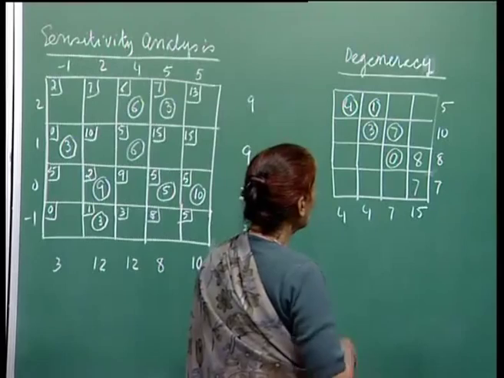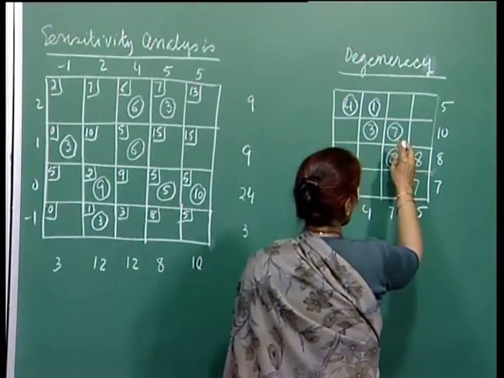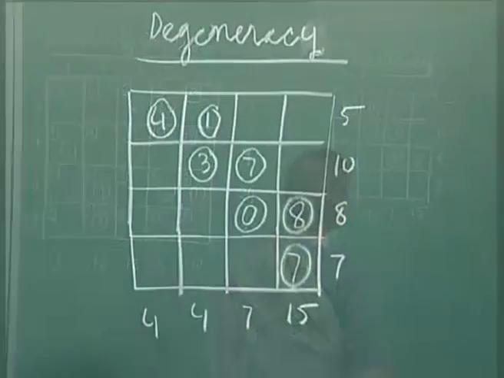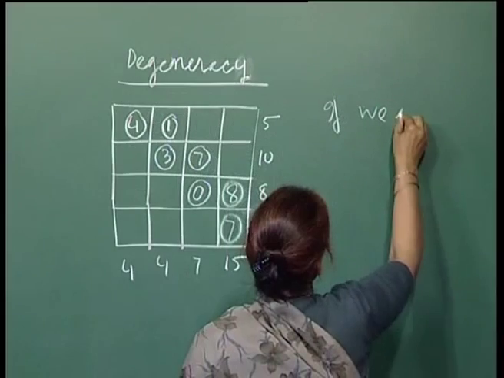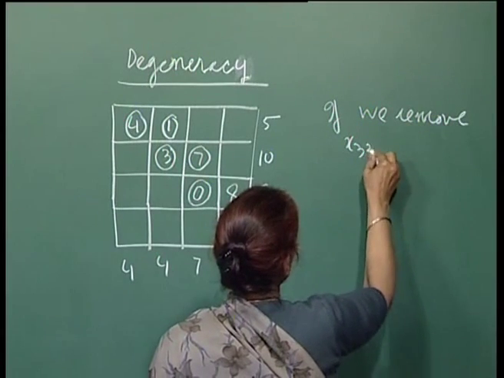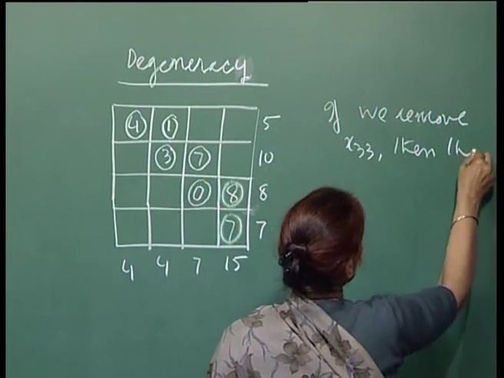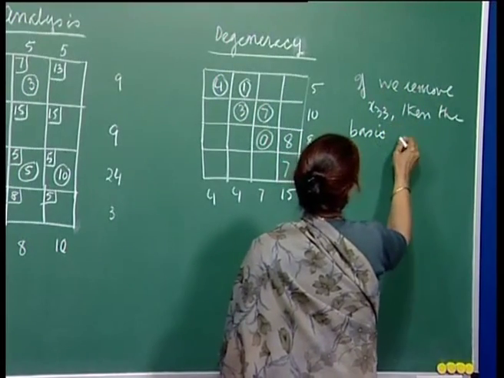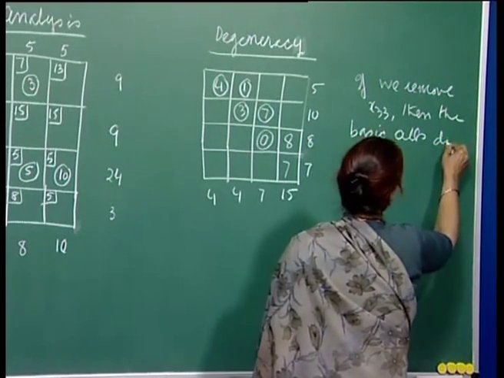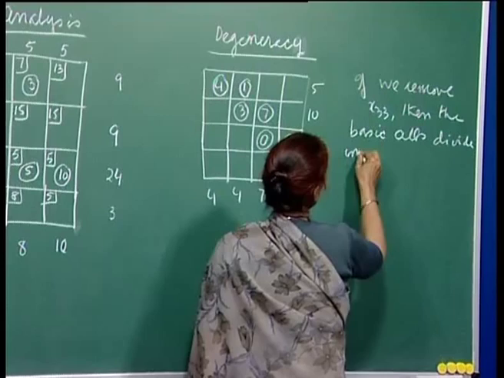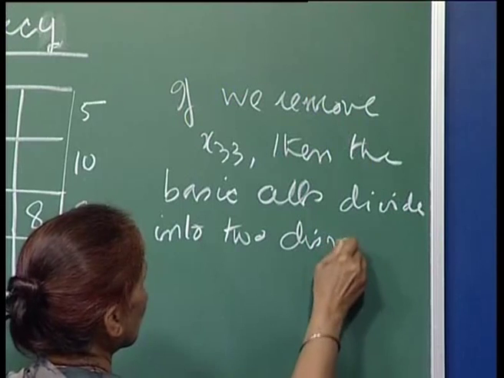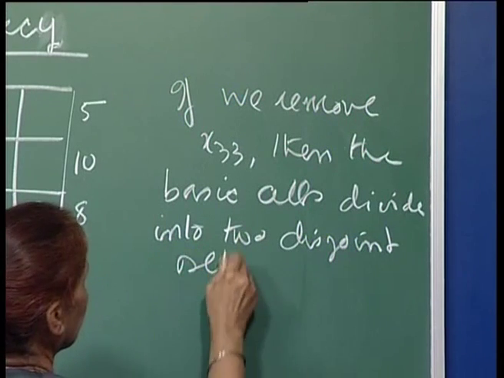So what we are saying is that this is degenerate, the value of the basic variable here is 0, and if we remove this cell 33, if we remove x33, then the basic cells divide into two disjoint sets.